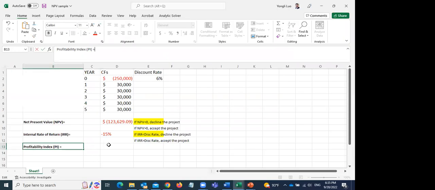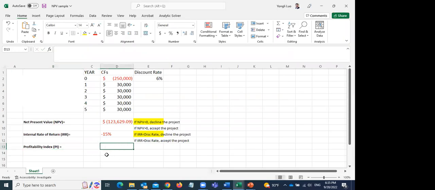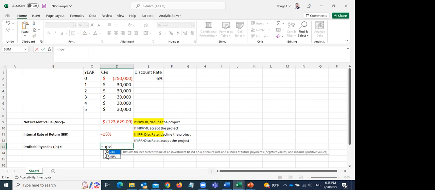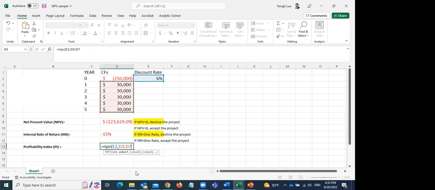So what is a profitability index? The profitability index is based on the net present value. It is the NPV function. Remember we did that: open parentheses, choose 6%, and then you select all these values.